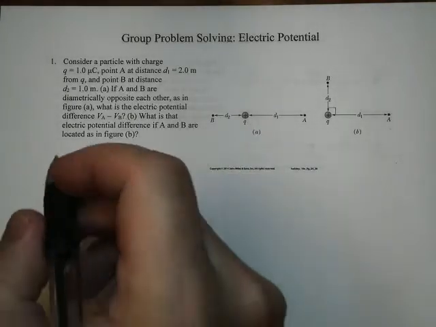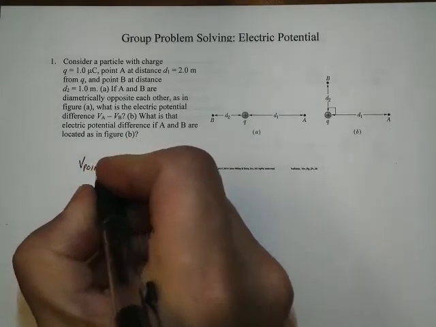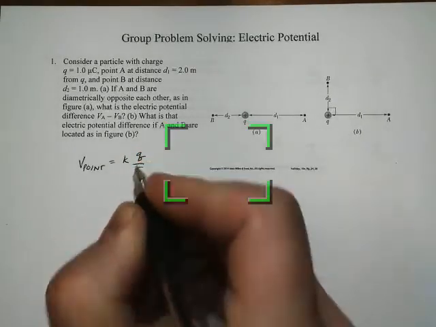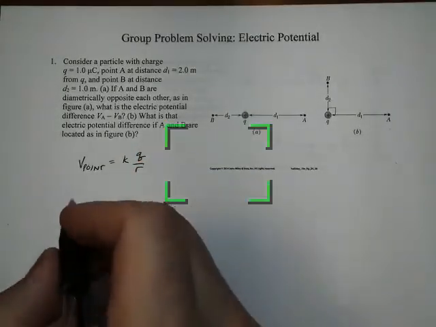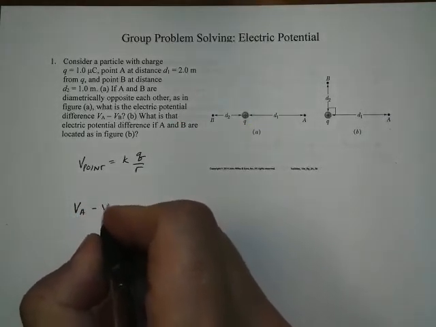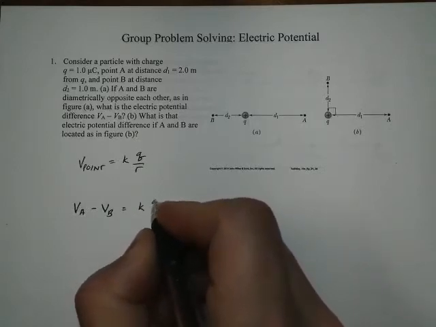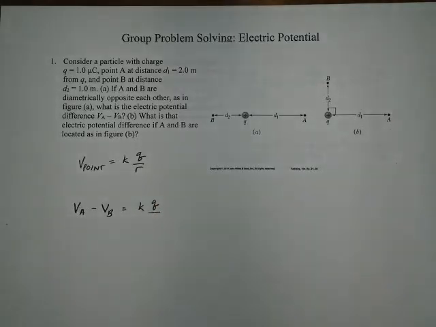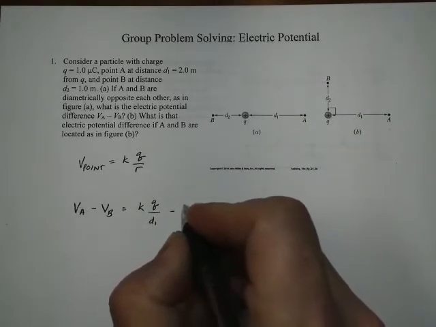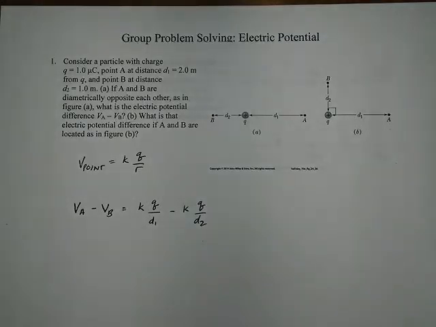Well, this is a point charge, so for any point charge you can calculate the electric potential value using KQ over R. So that means that the electric potential at point A minus the electric potential at point B would be KQ over D1 minus KQ over D2.